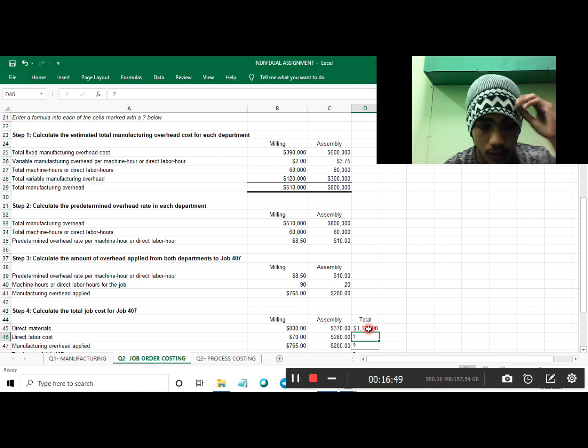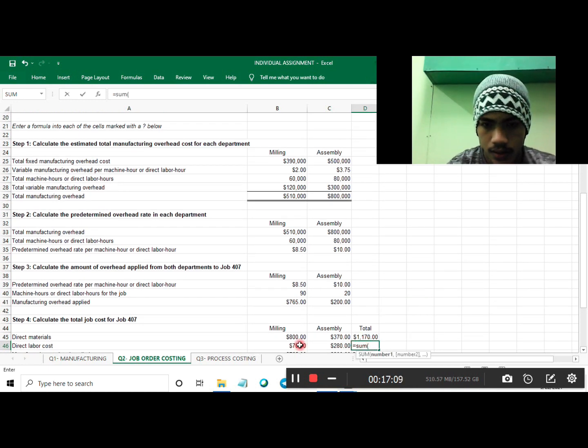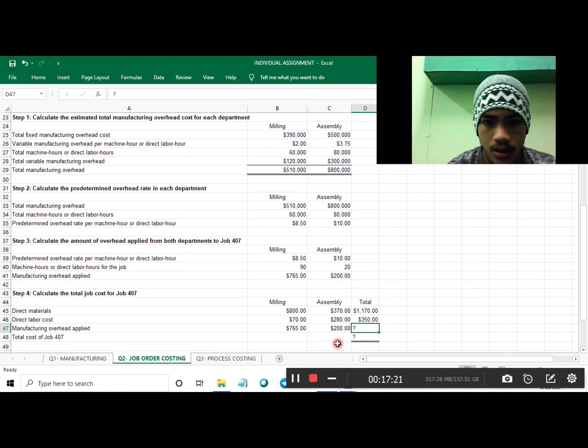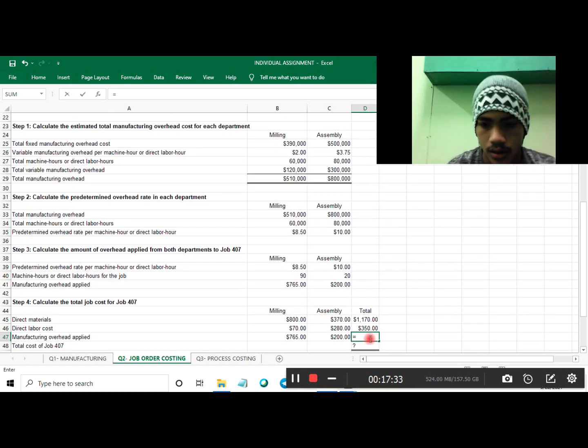And then for the total direct labor cost, equal sum, direct labor for mailing plus 200,000, so we get 315 ringgit. So for manufacturing overhead applied, we just take from the step 3 answer, and then we need to total it. Just sum the mailing department manufacturing overhead applied plus the assembly department.